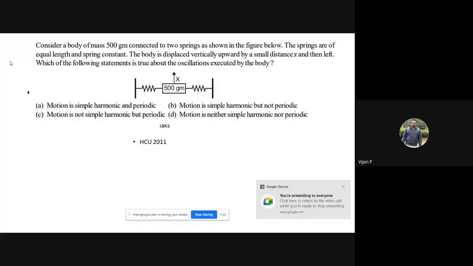Do you see it? Yes, sir. Do you see the problem? Yes, we can see. Okay.